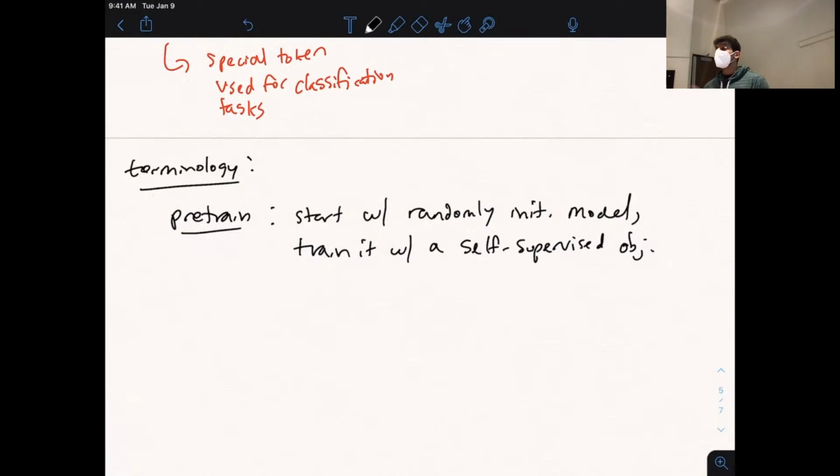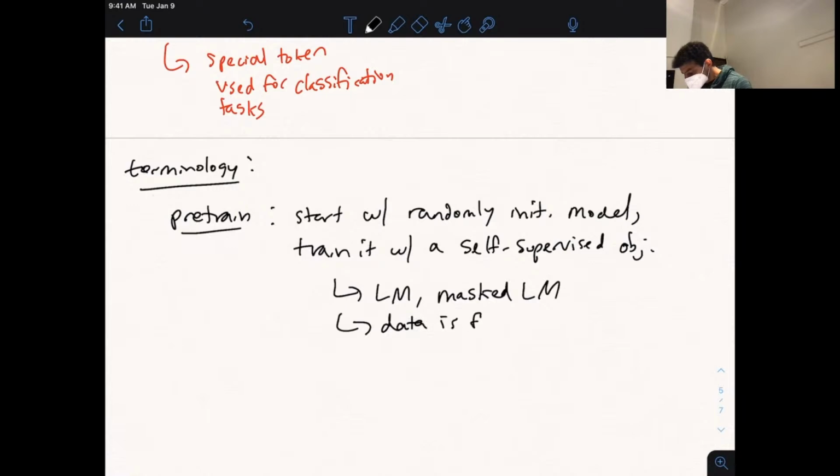In both cases, we can get the labels for free, right? So these could be LM, masked LM, and the data is free, which allows us to train really big models on really huge data sets, right? Big models on big data.